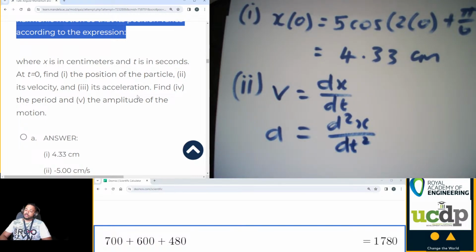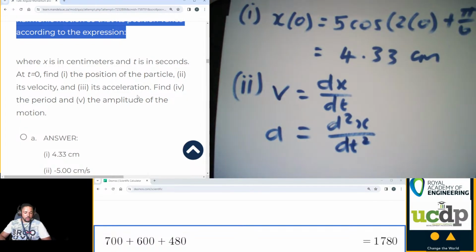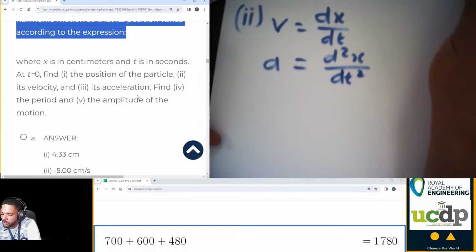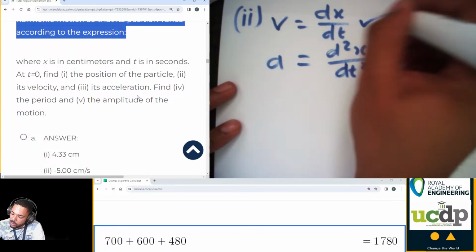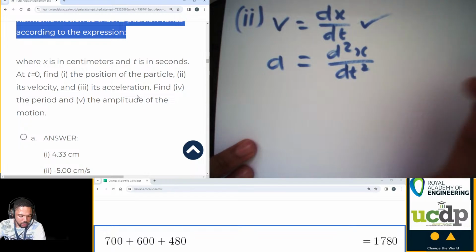So we need to find the derivative of this expression. Okay, so let's work it out.